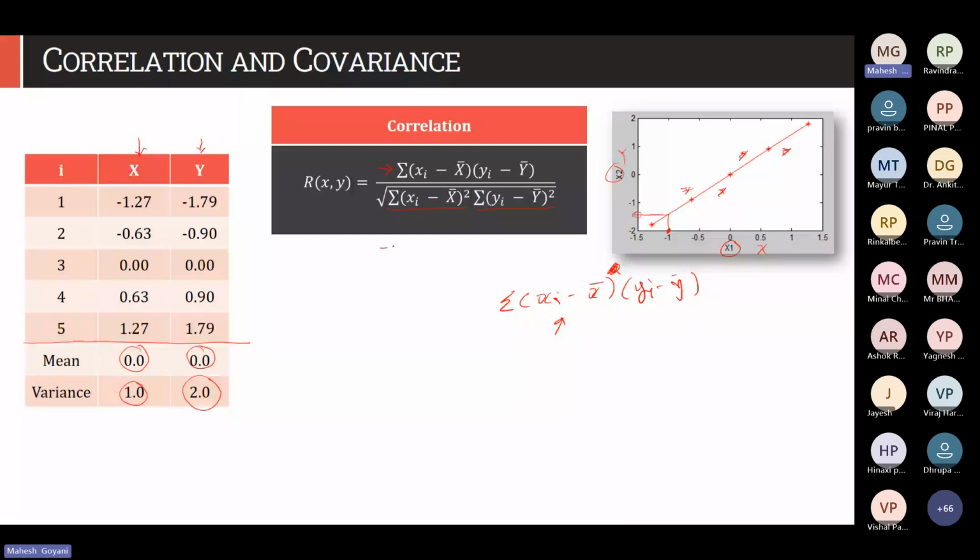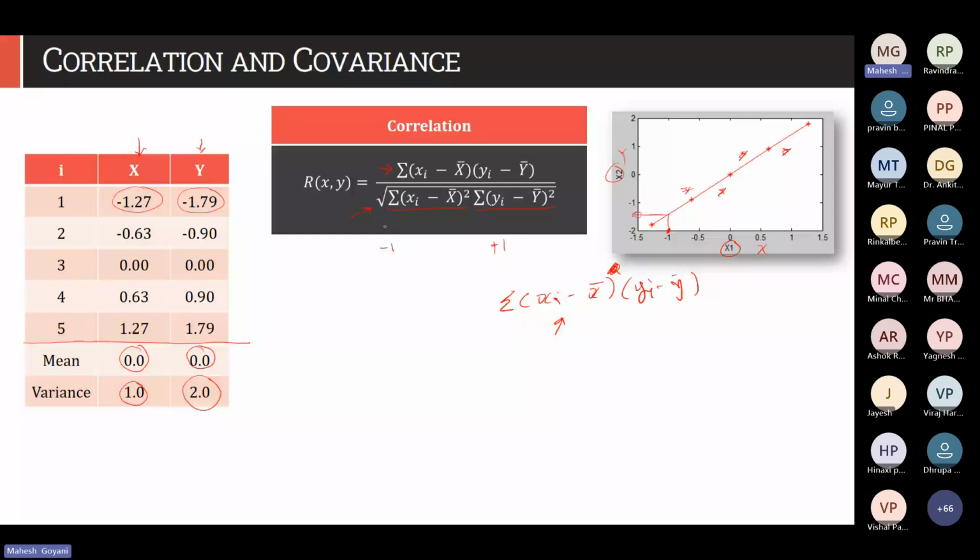The correlation will always be between -1 and +1. Whatever the magnitude of the input variables, whether they are 1 digit, 2 digit, or 10 digit, the correlation will always be between -1 and +1. It is always normalized because we are dividing by the standard deviation.